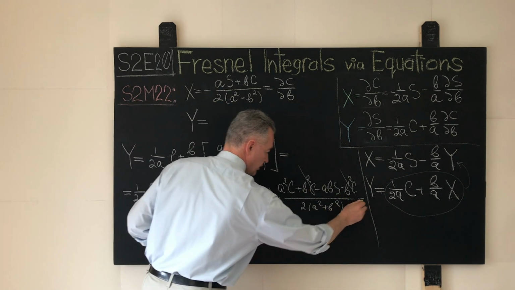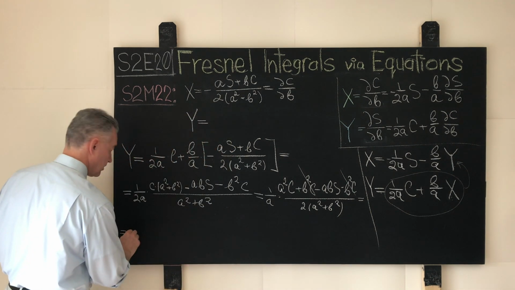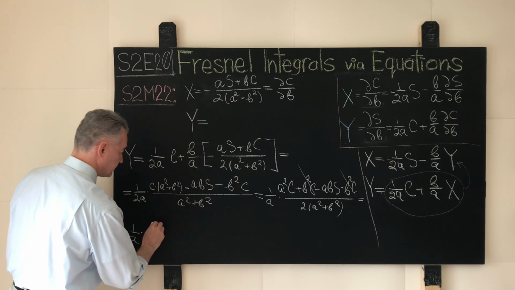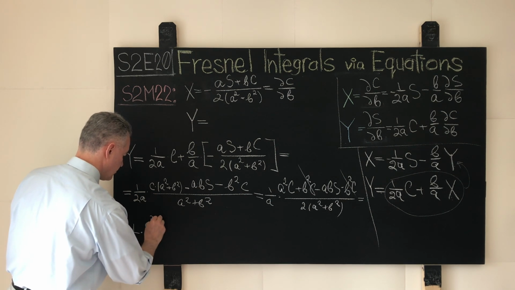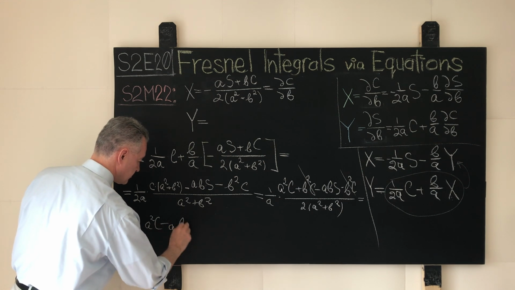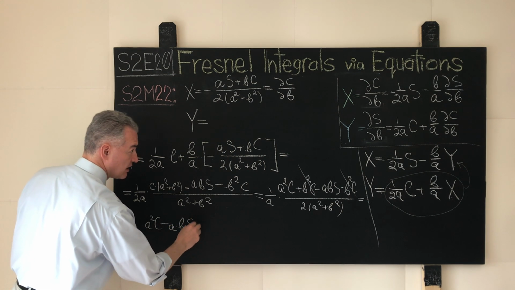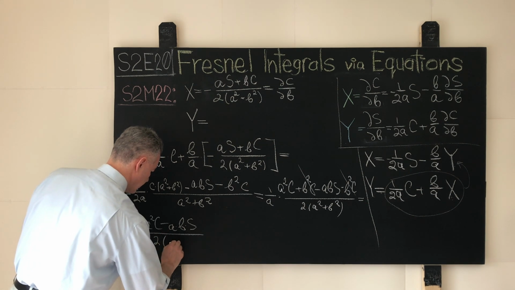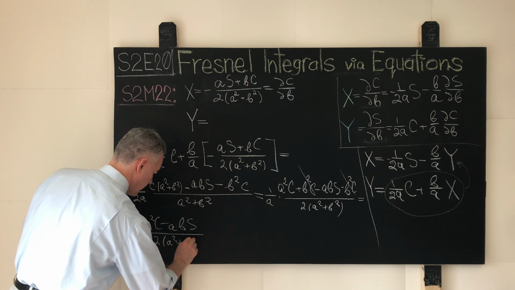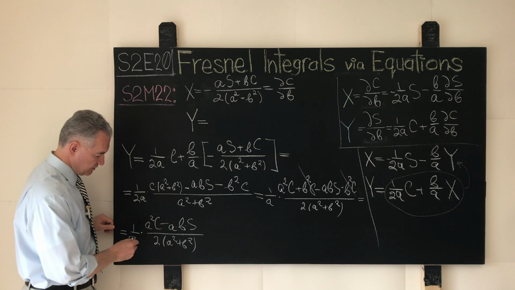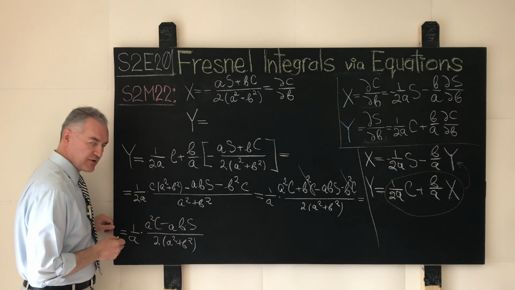So we continue here, come over here. What do we have? 1 over a times a squared c minus a times b times s. This is it. That's the end of the road for this guy. Over 2 times a squared plus b squared. What do we see again? Well, we see there are too many copies of a over here.